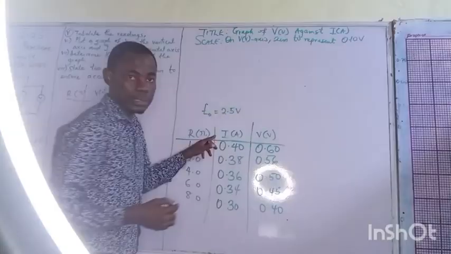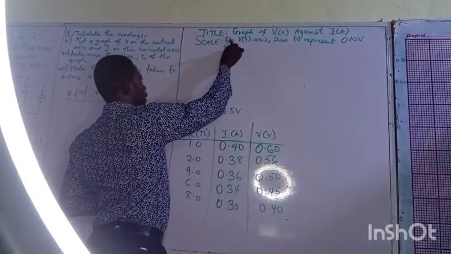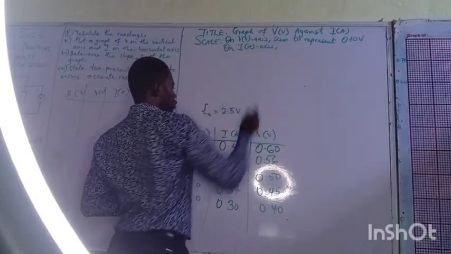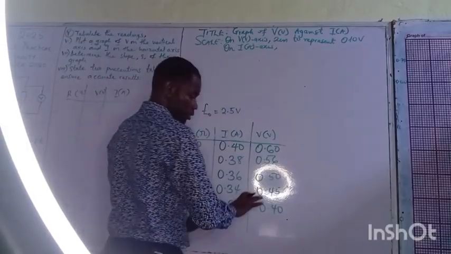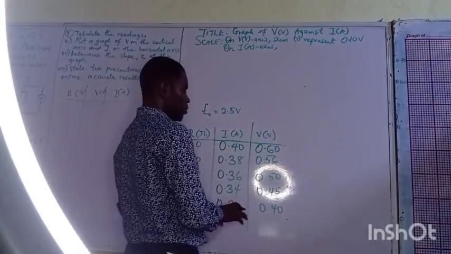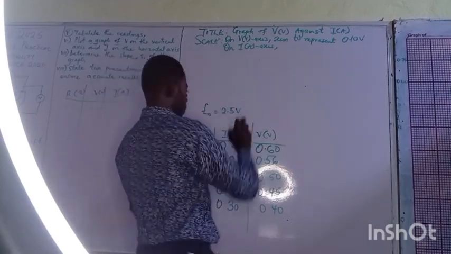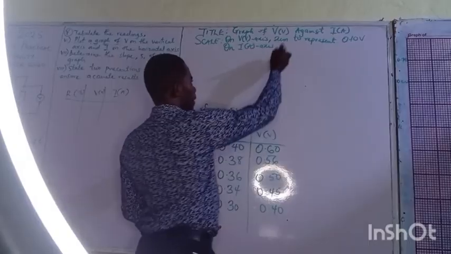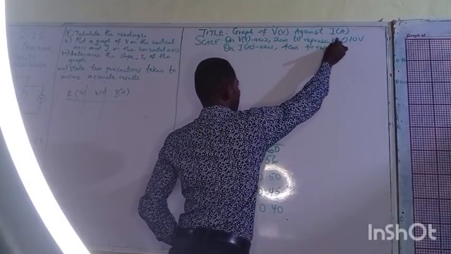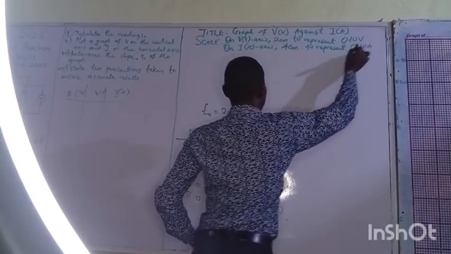And on the I axis, remember I told you that in the next video I'm going to plot this graph very well for you. But this time around, I want us to sketch it and make sure that we have done the teaching, not the graph. So we have 4 centimeter to represent 0.1 ampere.